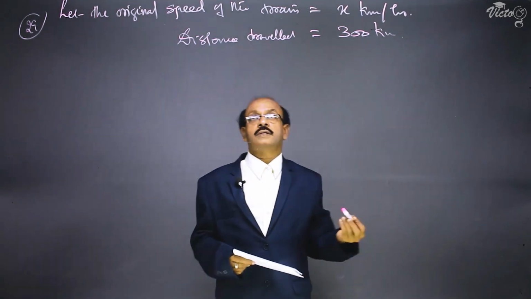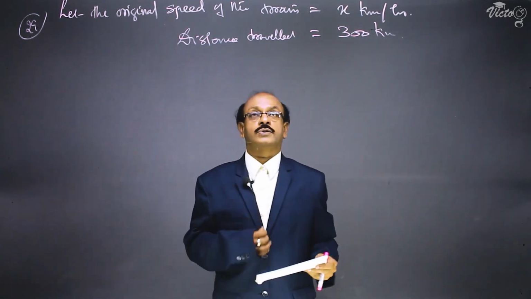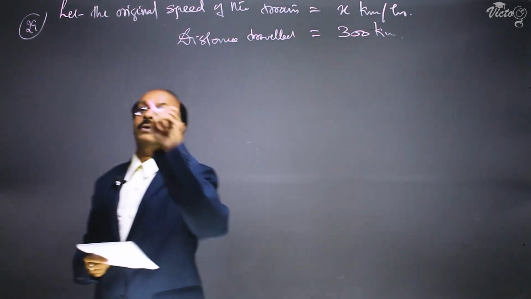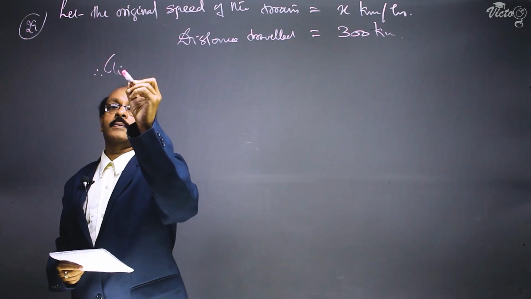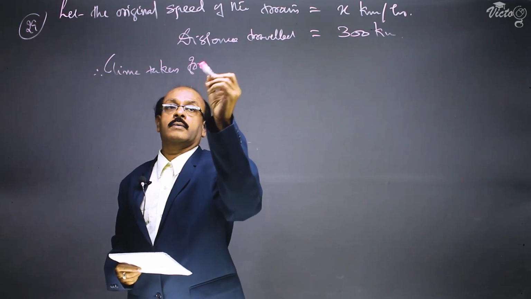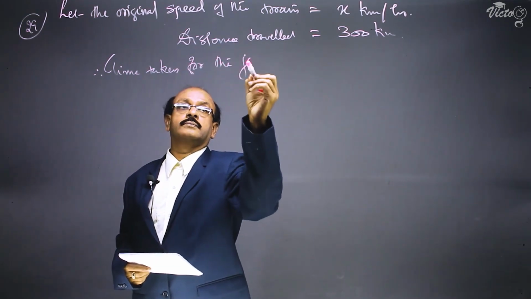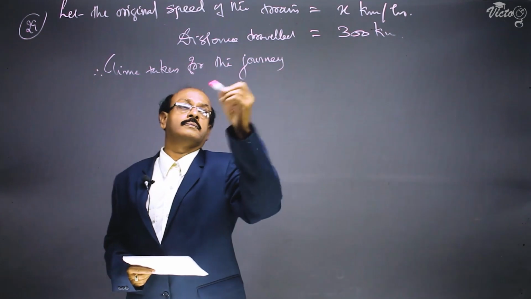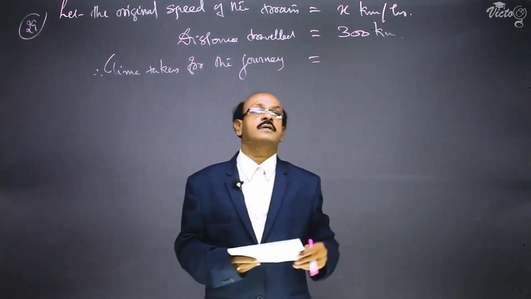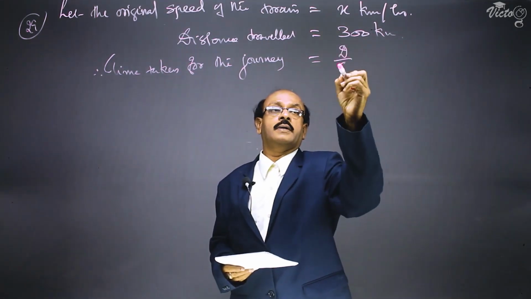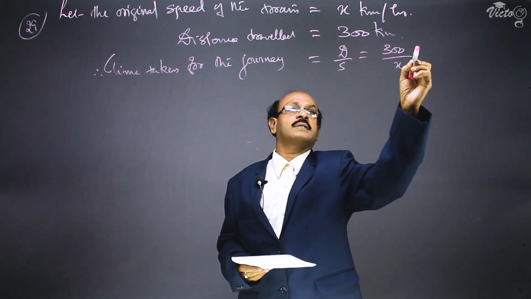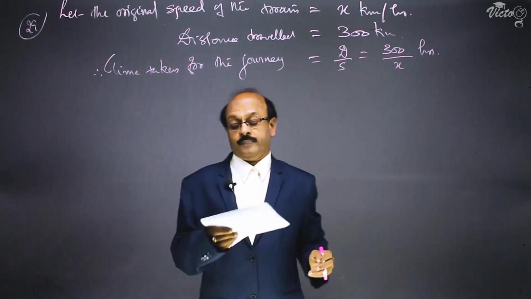Now, distance is known and the speed is also known, so we can find out the time taken for the journey. The formula for finding the time is distance by speed, which is equal to 300 by x hours.